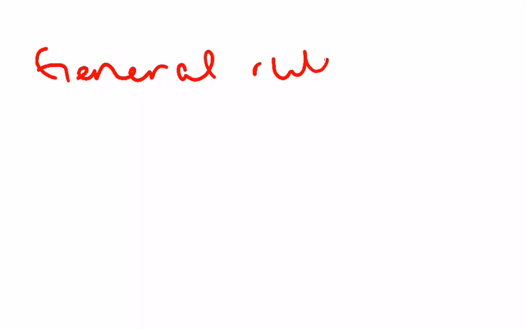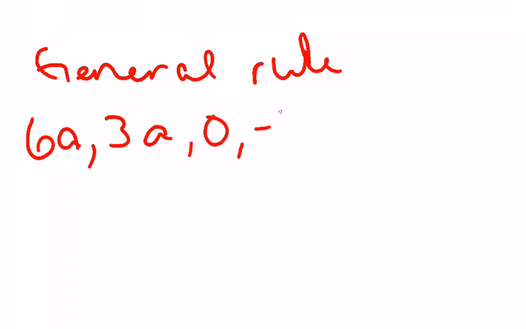Indicate the general rule for the nth term. So we want a general rule. So we're going backwards. Instead of given the rule and finding the pieces, we want to find the actual rule. So our sequence is these terms here.